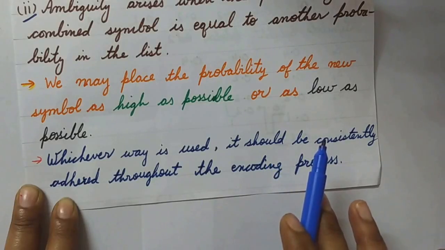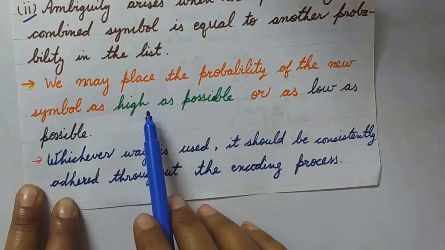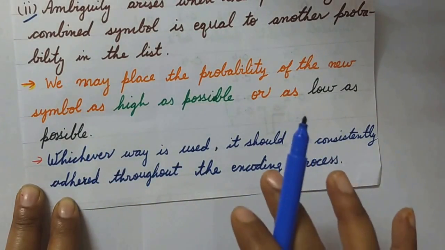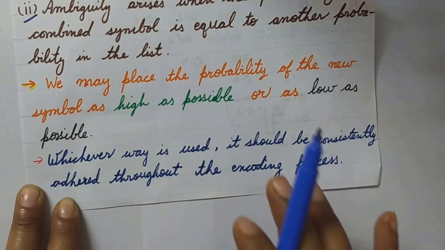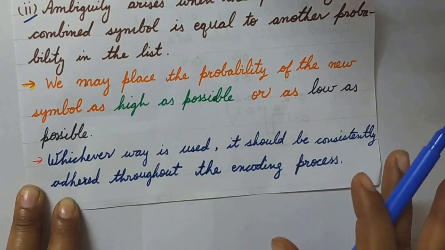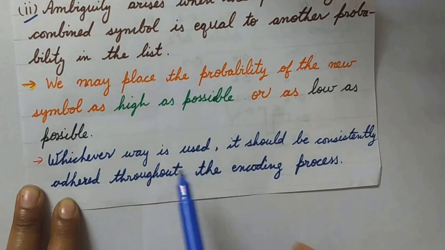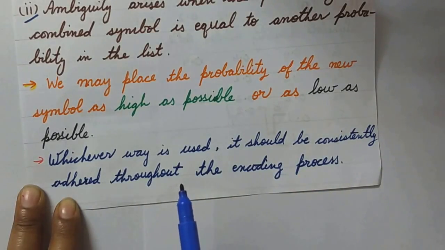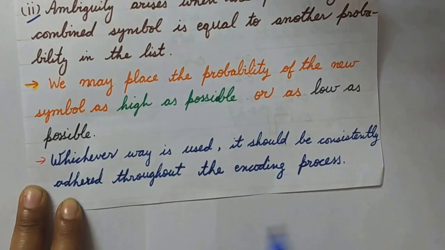Any one you choose, whether you opt for putting it on top of the value or below the value, just stick to that rule throughout your encoding process. I'm telling you this because we'll be seeing both methods, I'll be using both the different methods and then I'll be comparing which one is better.